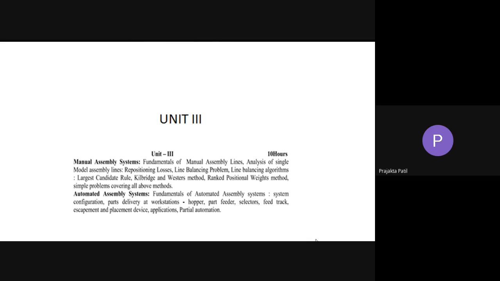So what do we mean by assembly line? It is nothing different from the production lines. It's just a set of workstations arranged in a sequence, and at every workstation there is some specific task that will be performed in order to complete the product from its initial stage to the final stage.